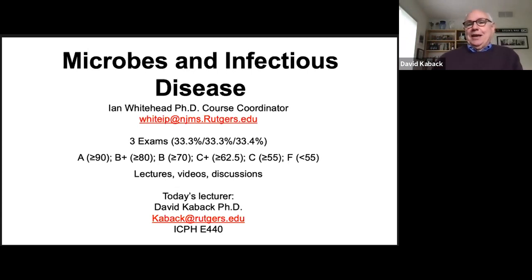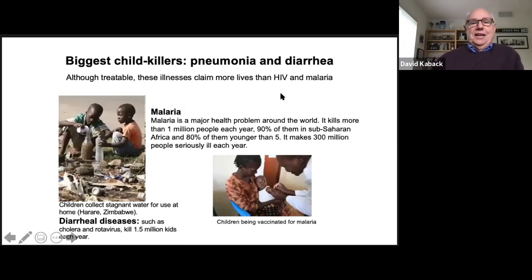Welcome to Microbes and Infectious Diseases. I'm going to tell you about a lot of sickness. Let's start off with the fact that pneumonia and diarrhea are incredibly horrible causes of fatalities, especially among children, especially in underdeveloped countries, but also what you're going to be hearing about are diseases that affect plenty of people here.